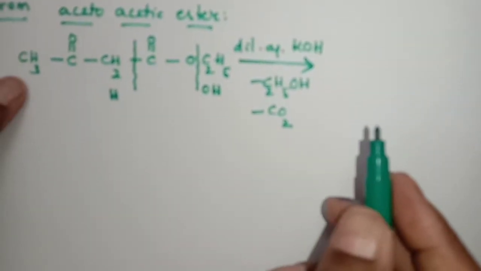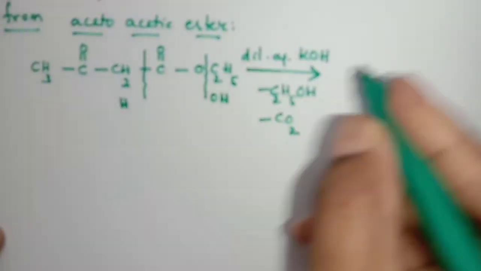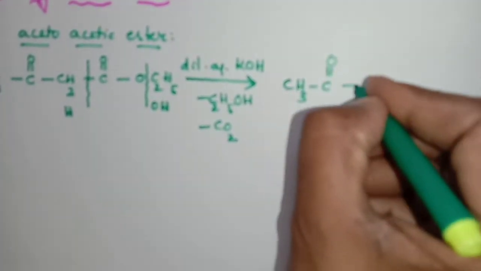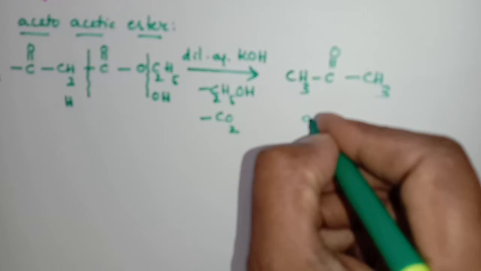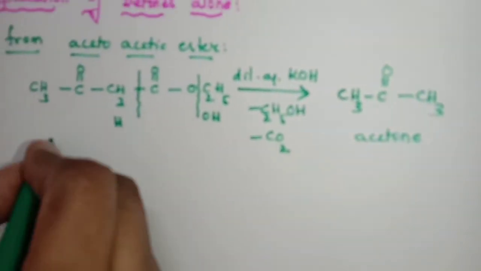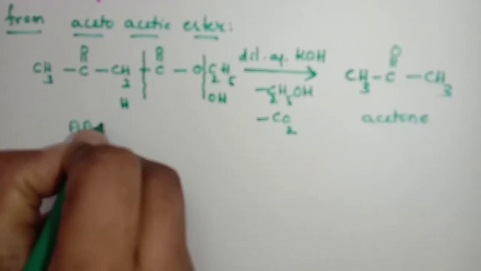So what remains? CH3, C double bond O, CH3. It is nothing but called acetone. So this is the first method of preparation of ketones, from acetoacetic ester.